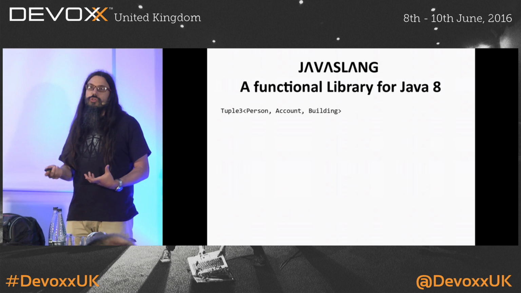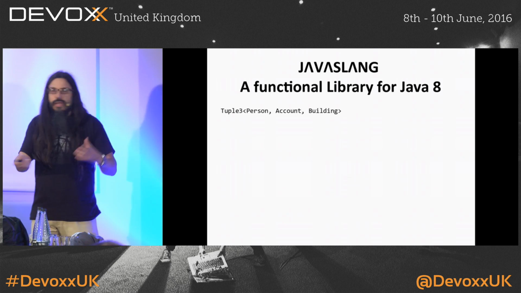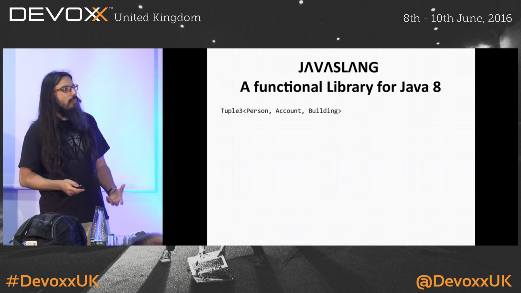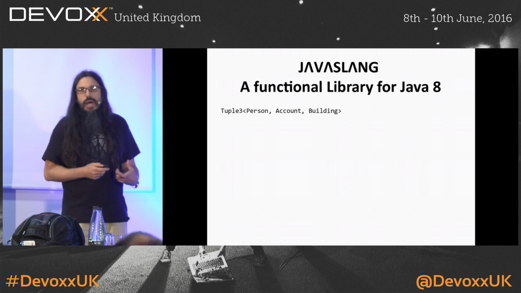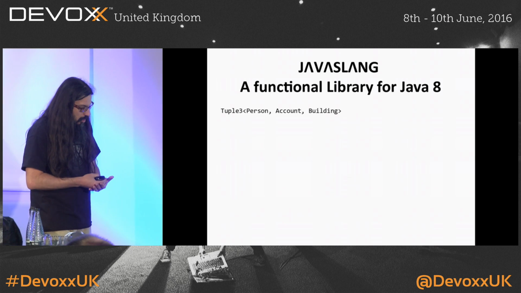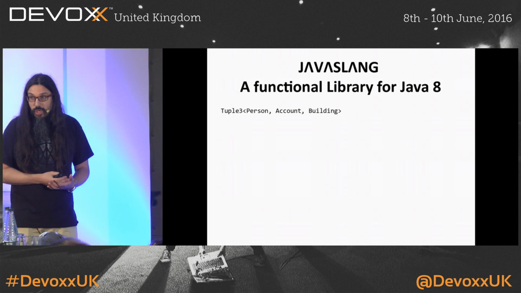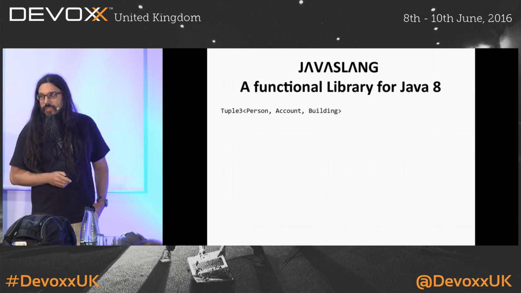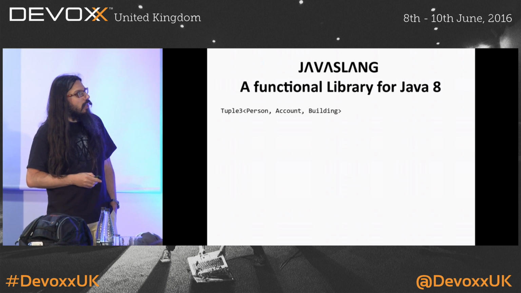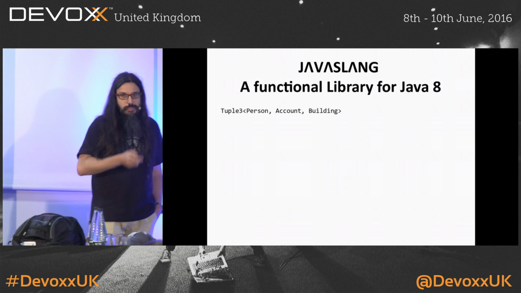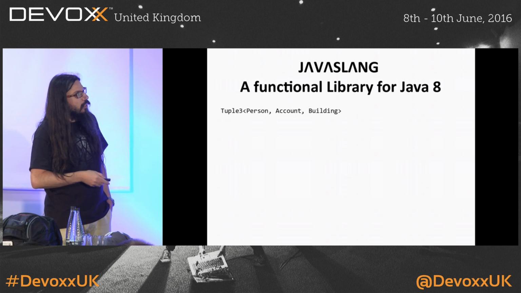So the solution is either doing that extended BiFunction as I did before, or better, using another library that already encapsulates these features. If you want to go this way, I suggest you go with JavaSlang. It has some concepts that are typical of functional programming, like tuples.